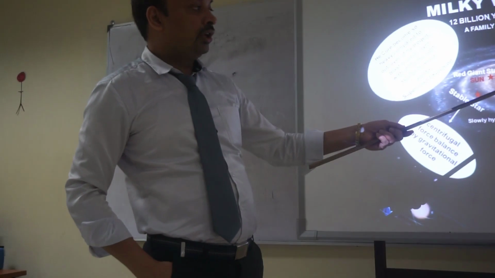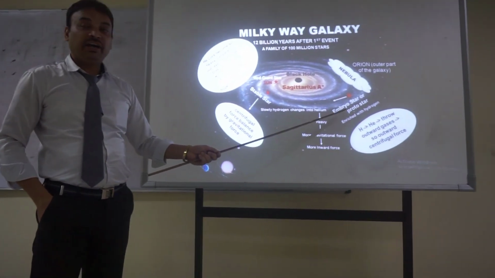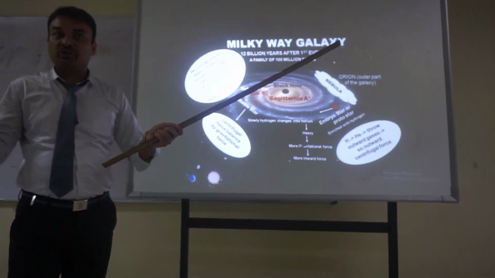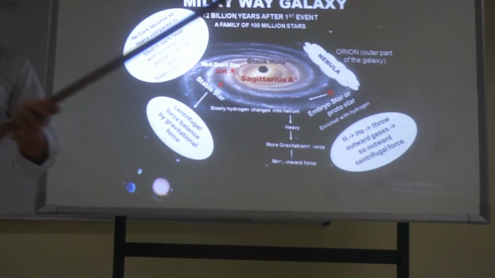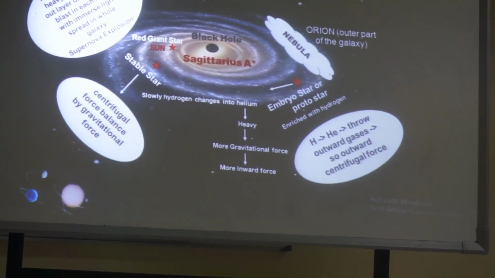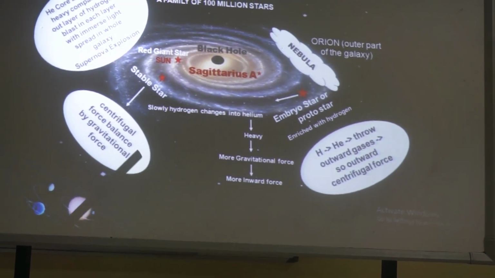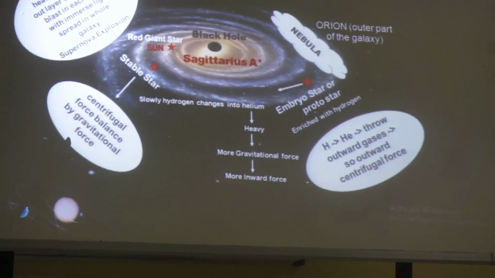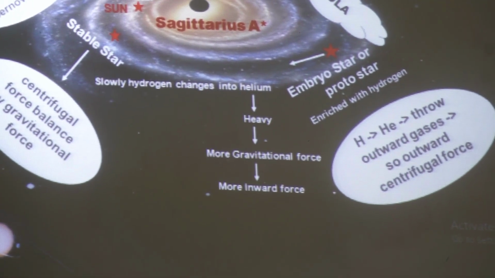Now the rotational speed increases, and the hydrogen changes into helium, right? When hydrogen changes into helium, then another physics originates. Hydrogen is lighter, helium is heavy. This is the same situation as when we fire a bullet from a gun. The bullet is lighter, and the gun is heavier.